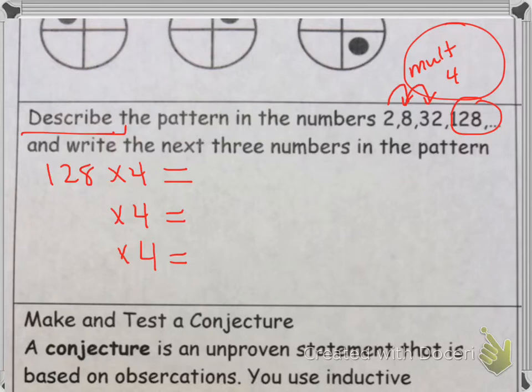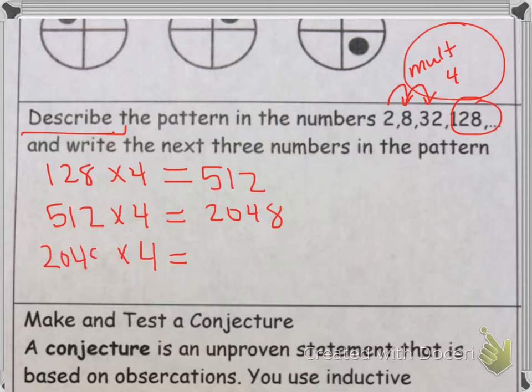All right, so 128 times 4 on our calculator is 512. So then we're going to do 512 times 4. Punch that in your calculator, and you get 2,048. So then we're going to do 2,048 times 4 on our calculators, and when we do that, we get 8,192 from my answers for my next three numbers in that same pattern.